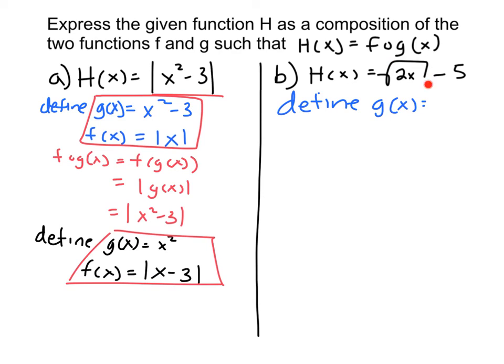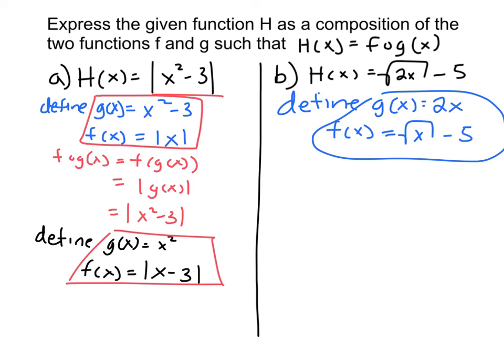I could also define it to be the square root of x, or 2x. Either way, but I'm going to define it to be 2x. If I define it to be 2x, then f of x would then be the square root of x, right? Instead of the square root of 2x, it's going to be square root of x, because I know I'm going to be plugging that in, minus 5. And that is one answer.